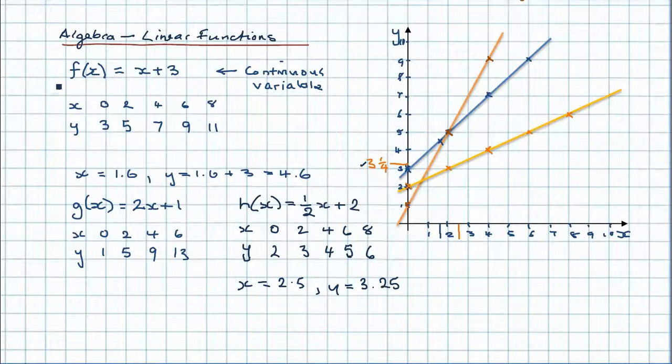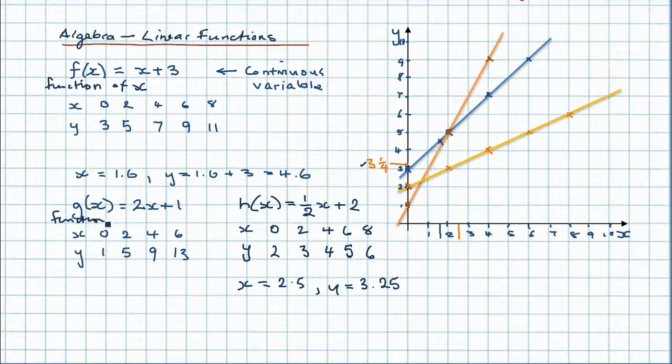The first is that we started with something called a function. The function of x was x plus 3, that we were adding 3 to x each time. When we added a new function, we simply changed the letter to make it g of x.